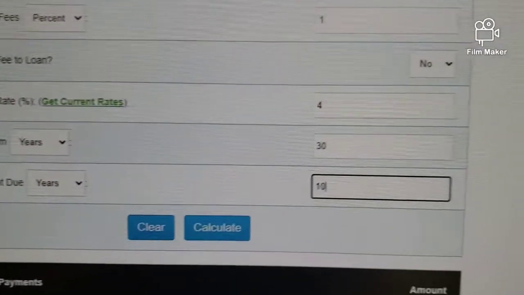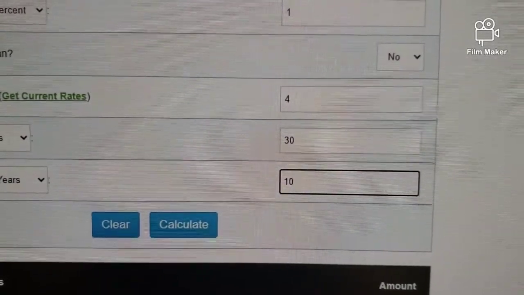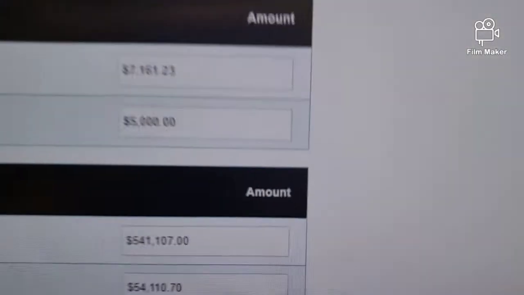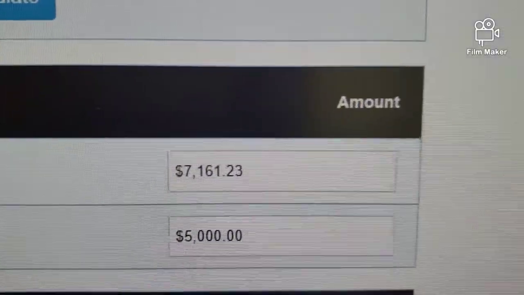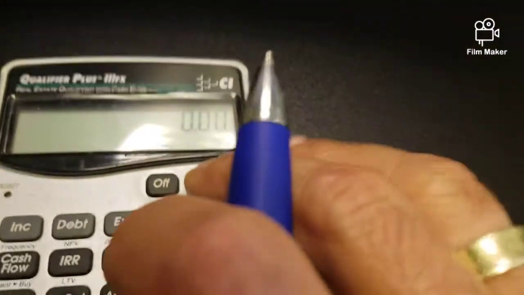Interest rate is 4%, amortized over 30 years, and the term is 10. So that leaves me with a $7,161 a month mortgage payment.